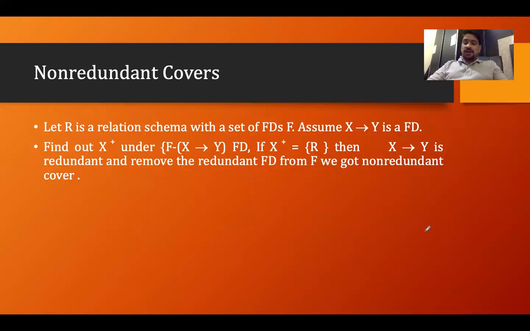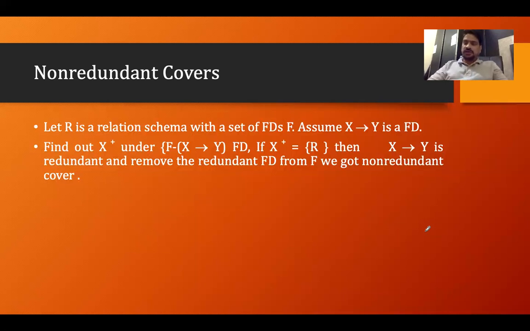Now, can we find non-redundancy in functional dependencies? Means we have a relation with many attributes, and we have many functional dependencies. From those functional dependencies, can we say that any of the functional dependencies is repeating or redundant?